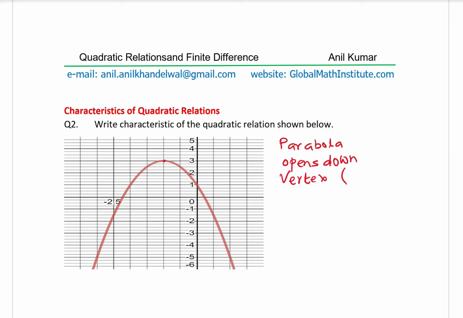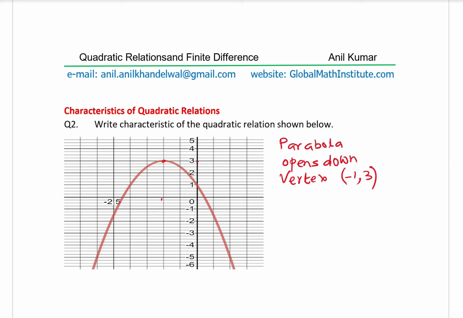Vertex is this particular point which is at x equals, well, this is -2.5. So each is 0.5, and this is -1, and the y value is 3.